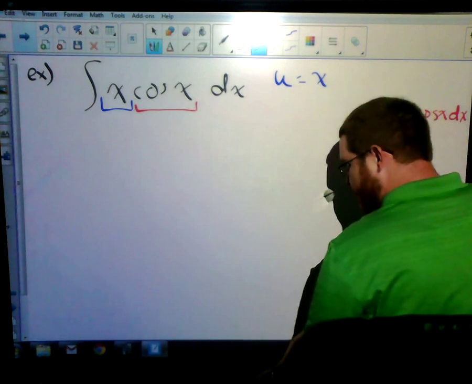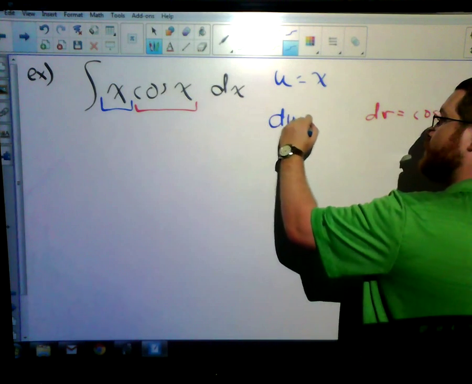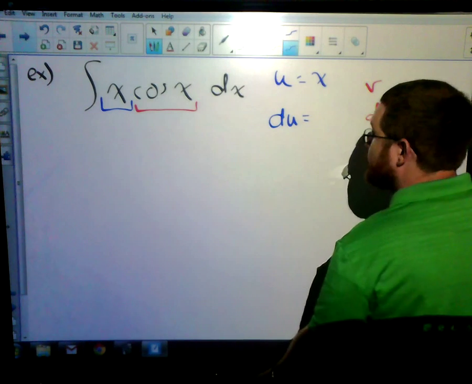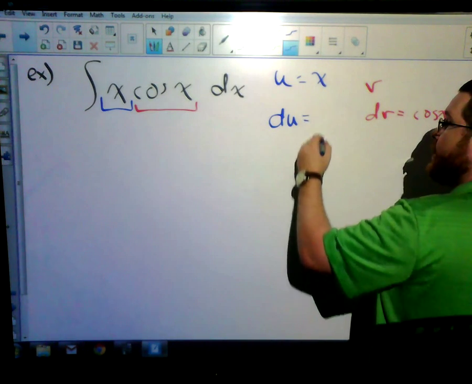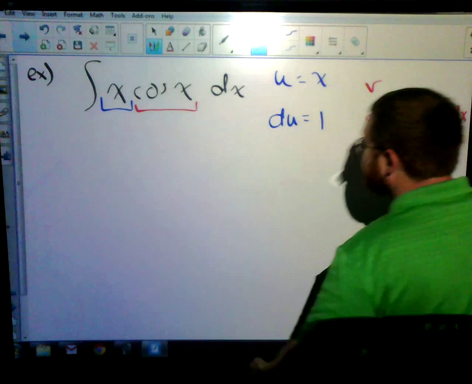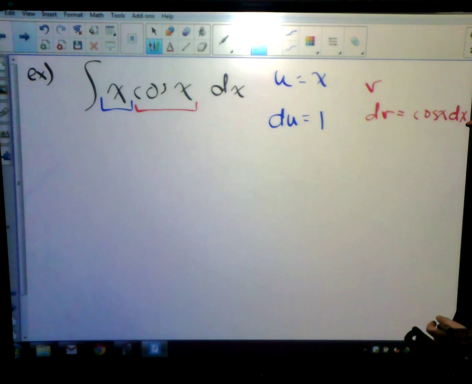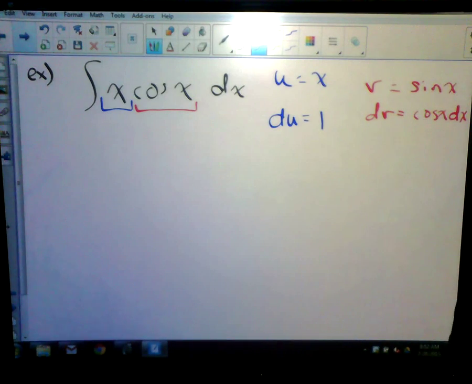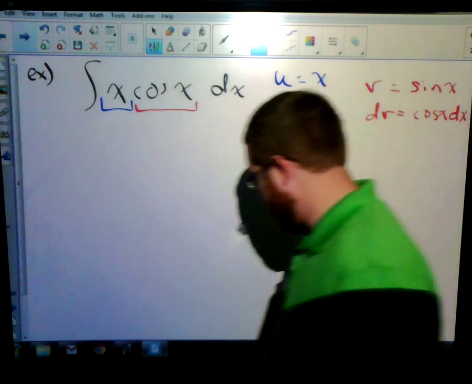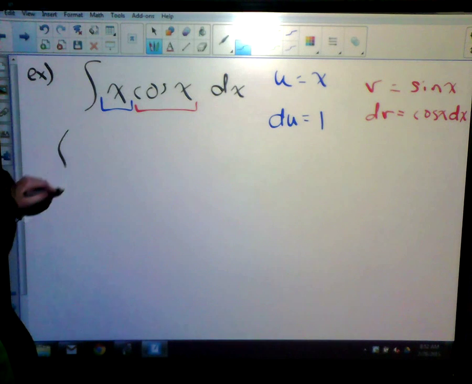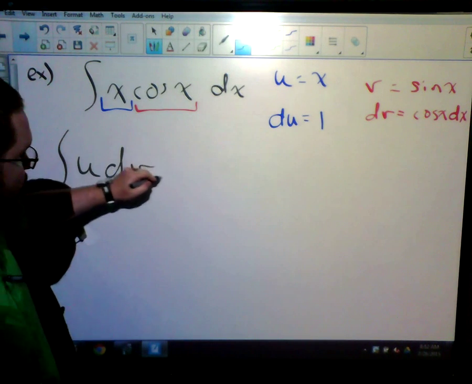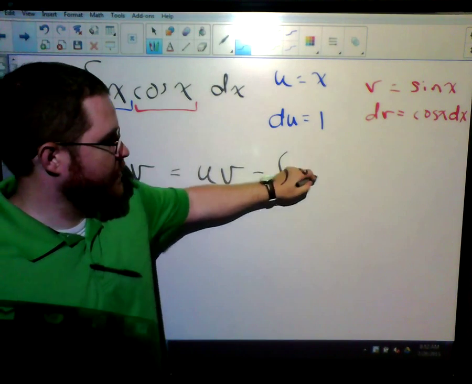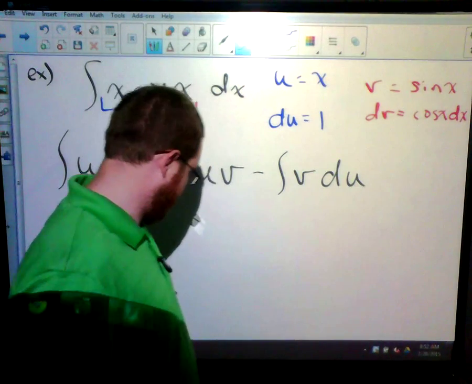But if we're going to do this, we also need to know what du is, and we also need to know what v is. du is easy. The derivative of x is just 1, so that's not too hard. But what's v? What's the integral of cosine x? Sine x. So now our formula says the integral of u dv equals uv minus the integral of v du.